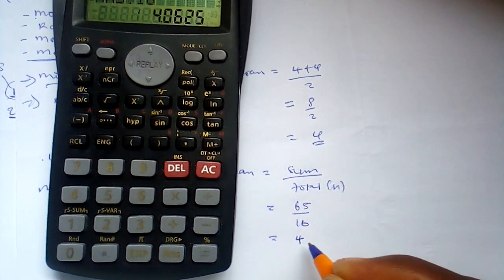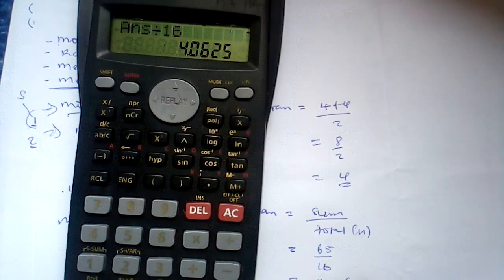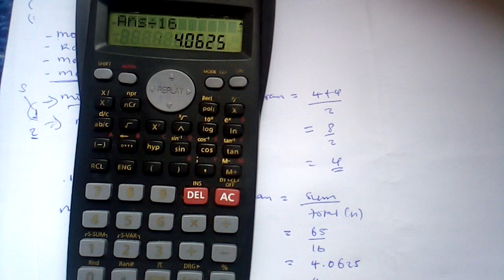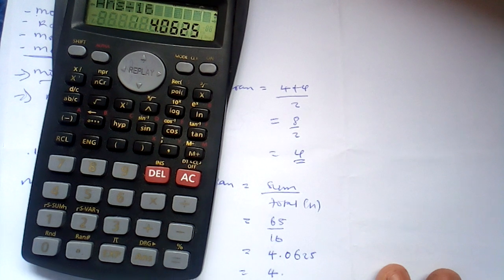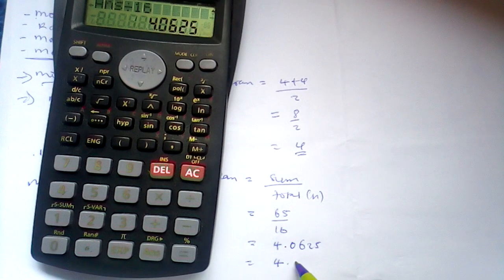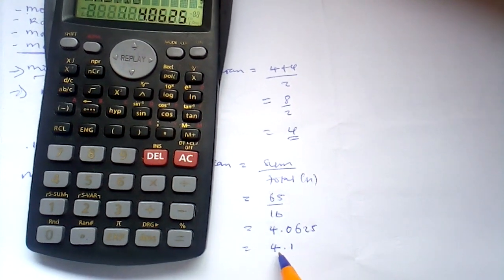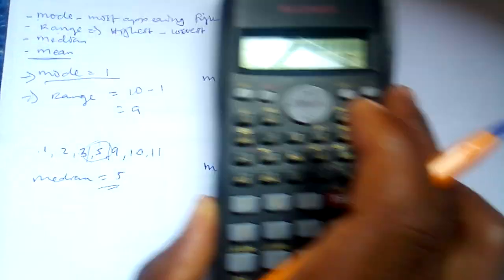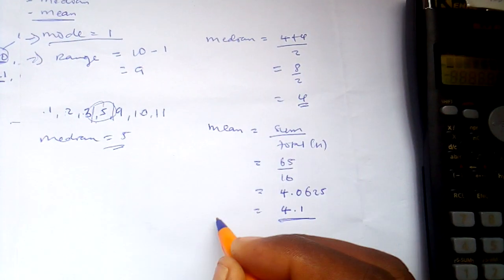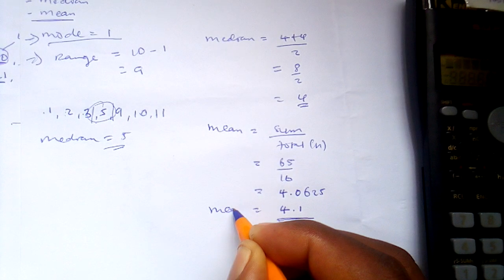You get 4.0625. If you round off, you get 4.1. So this will be our mean in our case.